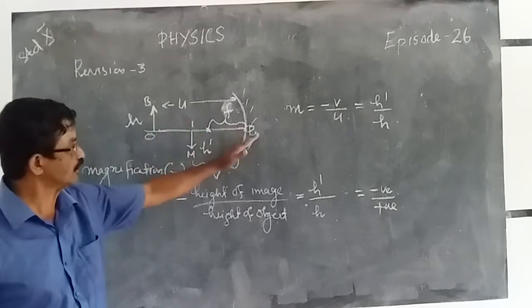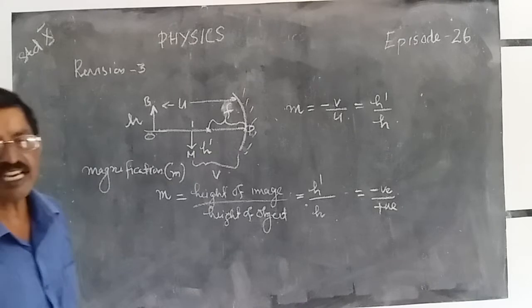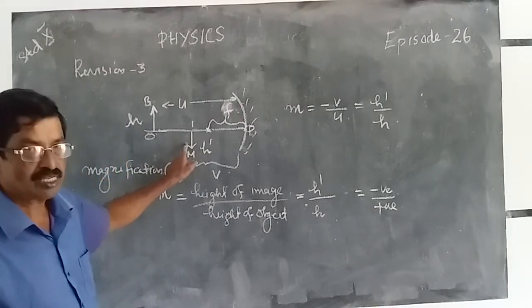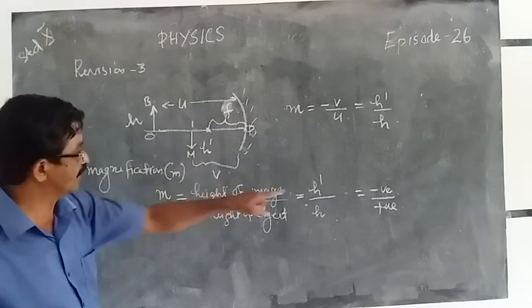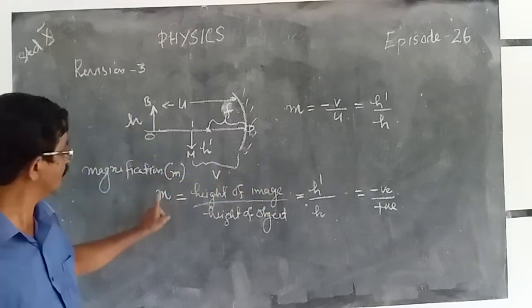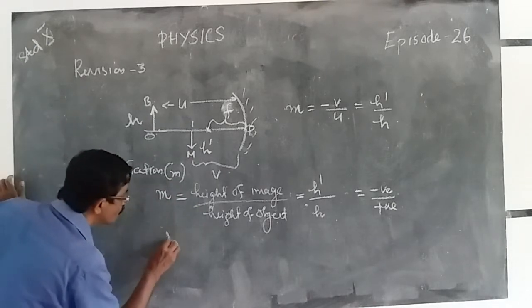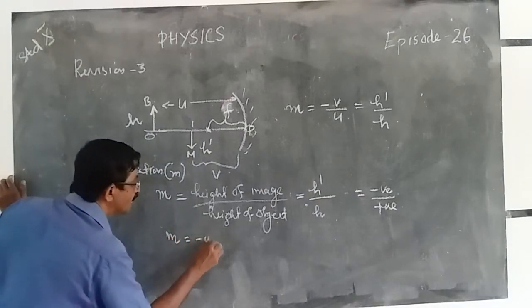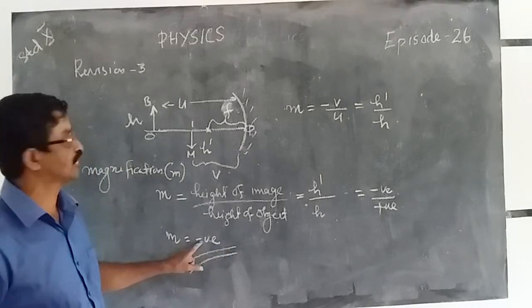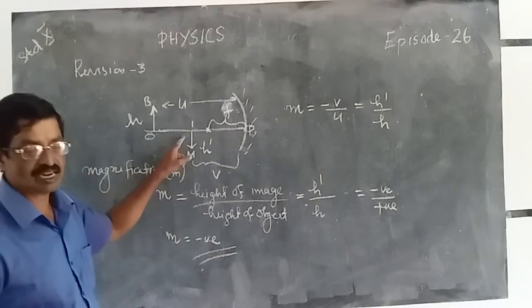In the case of a concave mirror, if we get an inverted image, then that is real, and then only it becomes negative. So negative by positive, that is the magnification we get as negative. Here magnification is negative means image is real.